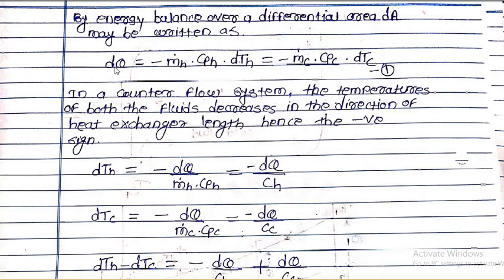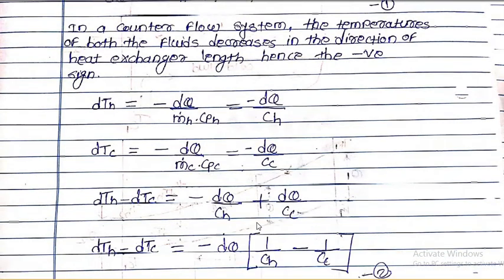Now from the same equation, dq is equal to minus m dot c multiplied by cpc multiplied by dt suffix c, we can find the equation for dt suffix c. So dt suffix c is equal to minus dq divided by m dot c multiplied by cpc. The mass flow rate of the cold fluid multiplied by the specific heat of the cold fluid is nothing but the heat capacity of the cold fluid. So we get dt suffix c is equal to minus dq divided by C suffix c.